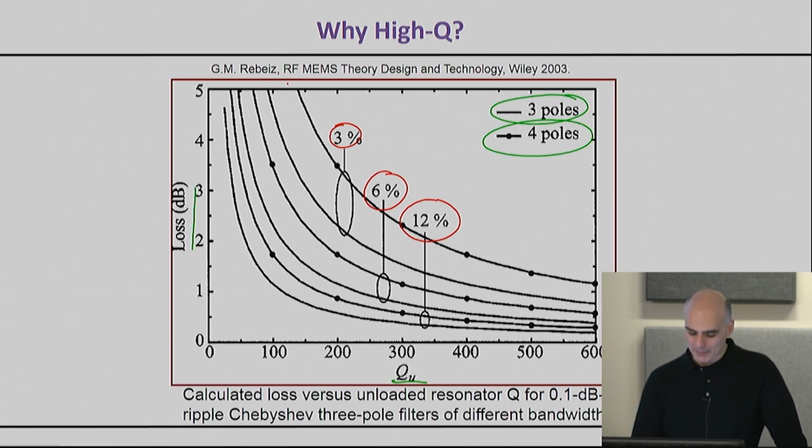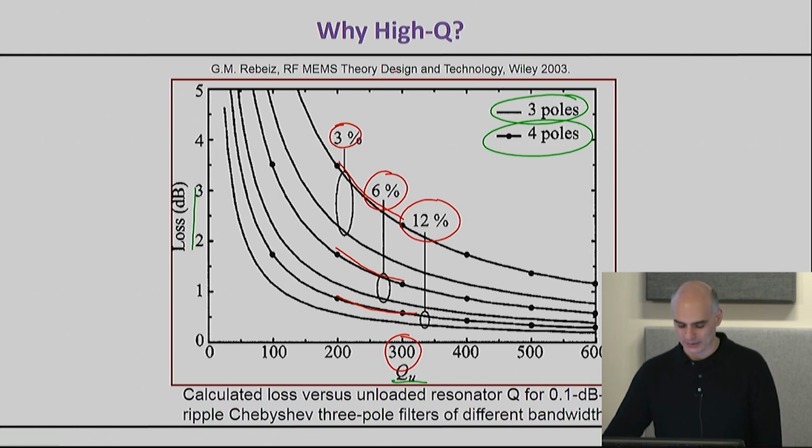For example, if my unloaded quality factor is 300 and my 3% filter is up here, you can see where the 6% filter is and where the 12% filter is, each one yielding lower loss the more wideband you make the filter.